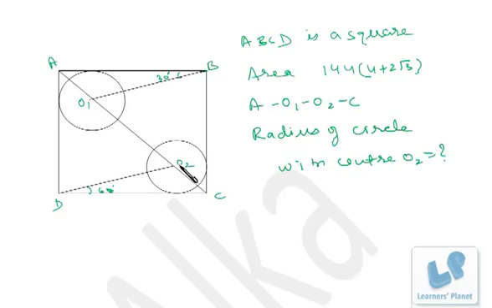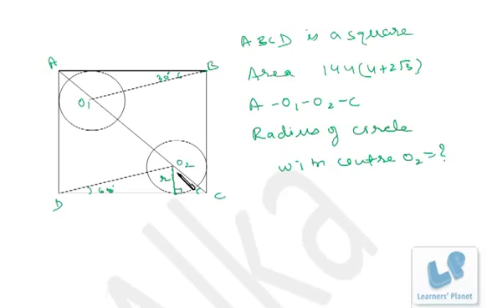How do we find the radius of the circle? First of all, I drop a perpendicular over here because DC is a tangent, so this angle will be 90 degrees, right? Now I assume the radius of this circle to be R. This is R. AC is the diagonal of this square, and this complete angle is 90 degrees, so half of it will be 45 degrees. Actually, the diagonal makes a 45 degree angle with the side.